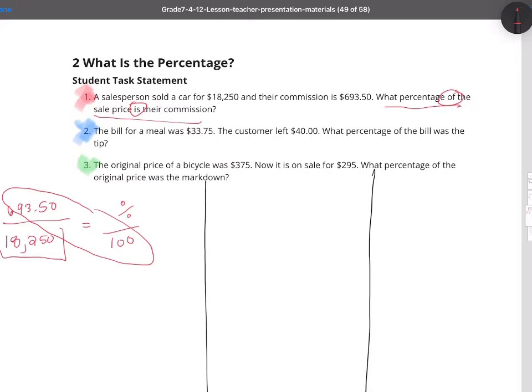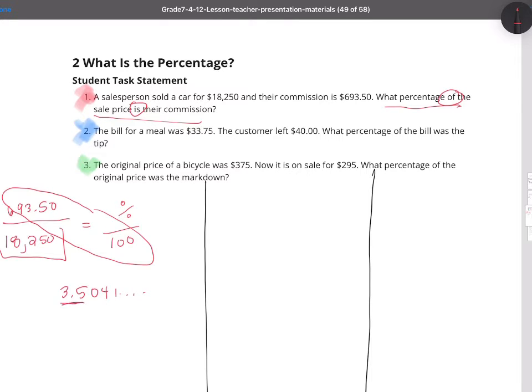So it's going to be 693.5 times 100, and I'm dividing by that, and this is the percent I get, and I'm going to round it to the nearest tenth. So you should be getting this number in the calculator.